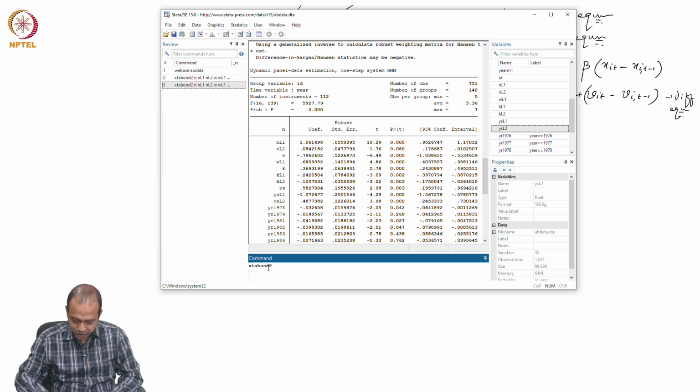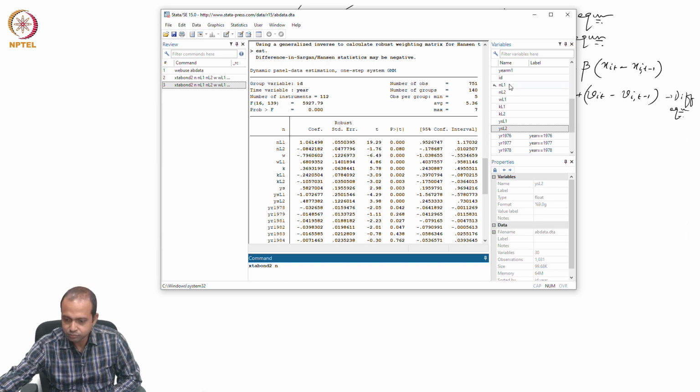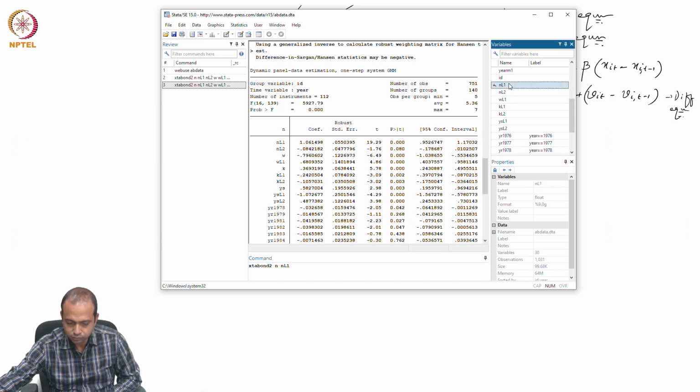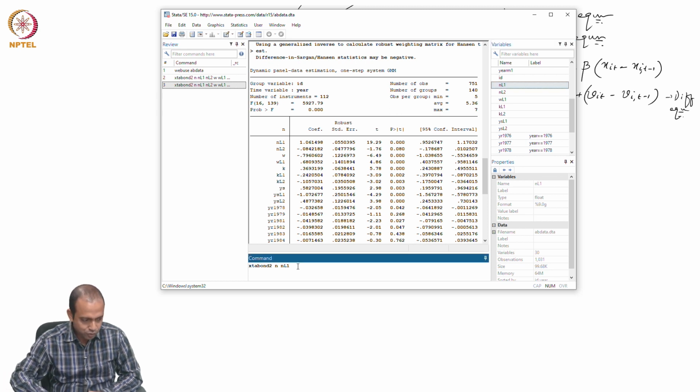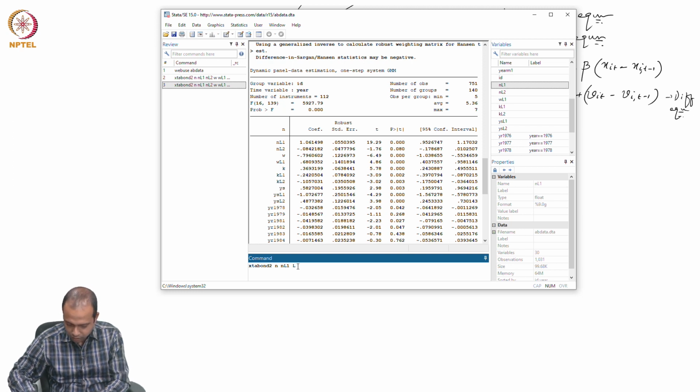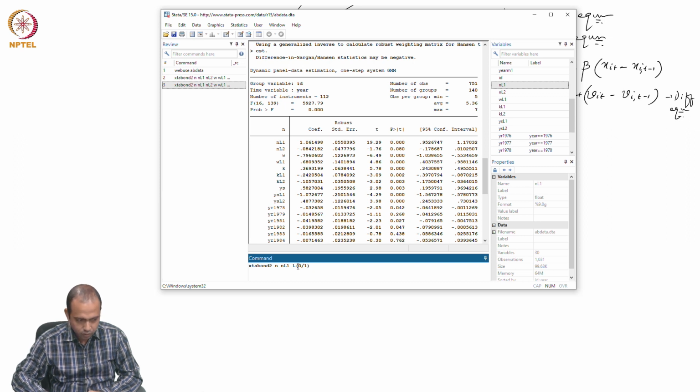We will take n and then n L1, and then we will take L 0 by 1 dot w k. L 0 by 1 dot w k means we are considering the first order and second order lag of w and k.